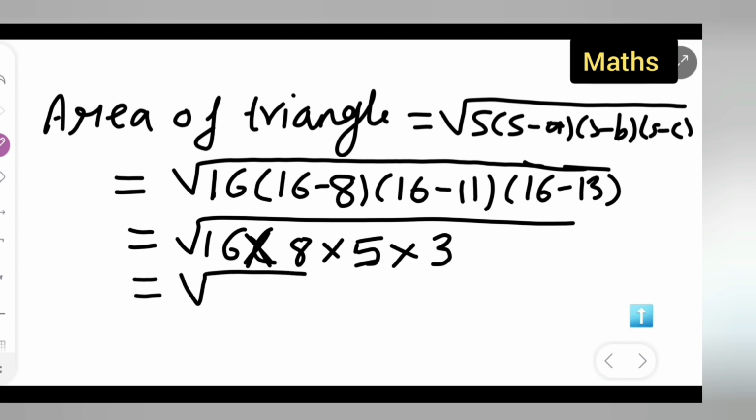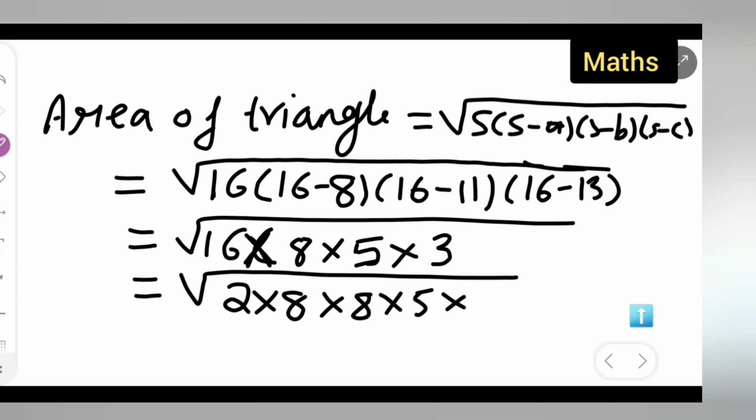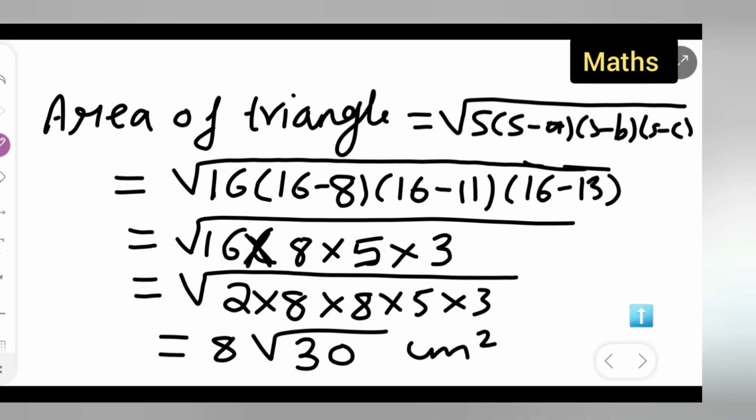So this will be 2 8s are 16 multiplied by 8 multiplied by 5 multiplied by 3. So your 8 will come out. What you are left with? 3 5s are 15, 2 15s are 30. So your 30 will be there. So 8 into root 30 centimeter square is your answer.